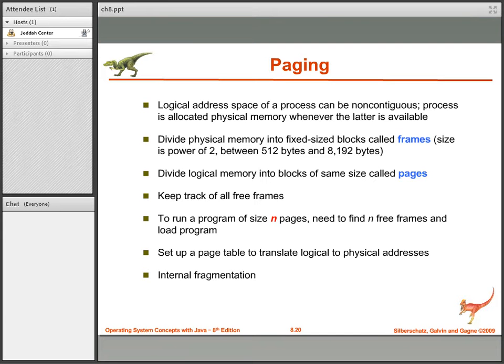And in order to keep track of this allocation, we have what is called a page table.